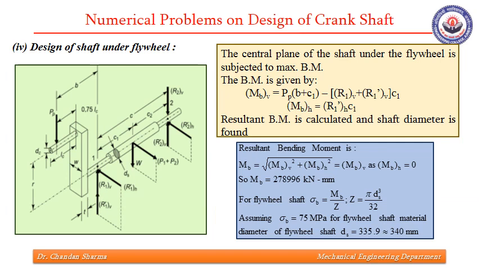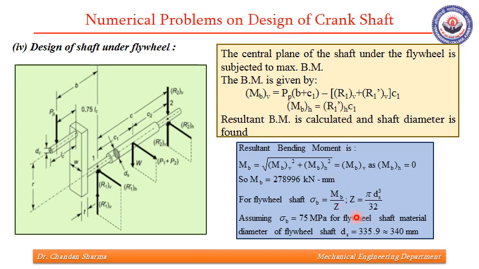Next, we need to find the shaft diameter under the flywheel. We know that the central plane of the shaft under the flywheel is subject to the maximum bending moment, and the bending moment is given by MBV equals PP into B plus C1, minus R1V plus R1 dash V into C1, and MBH is given by R1 dash H into C1.